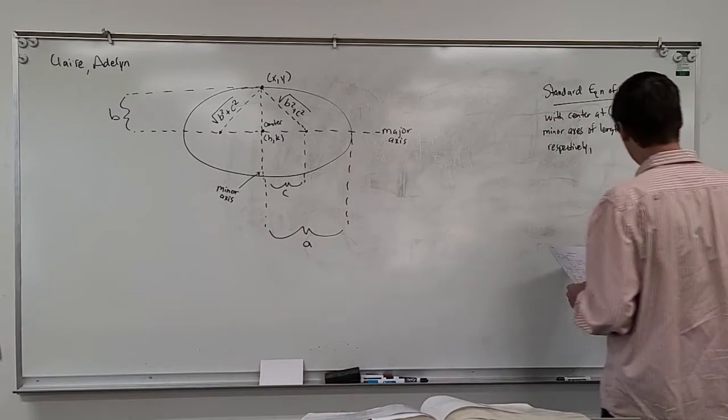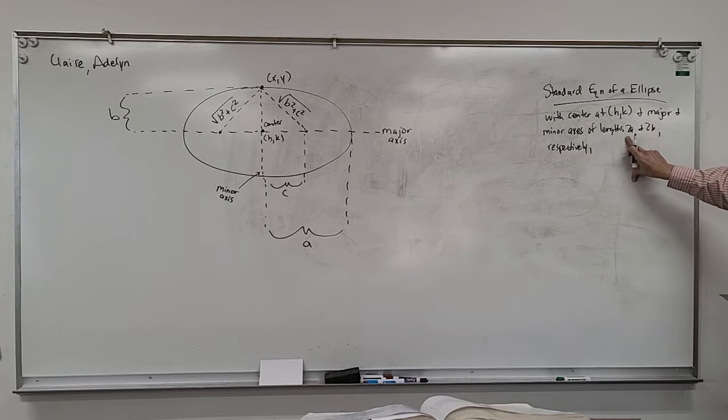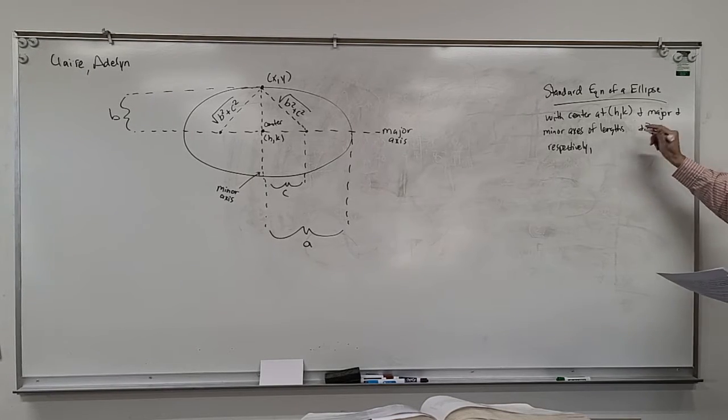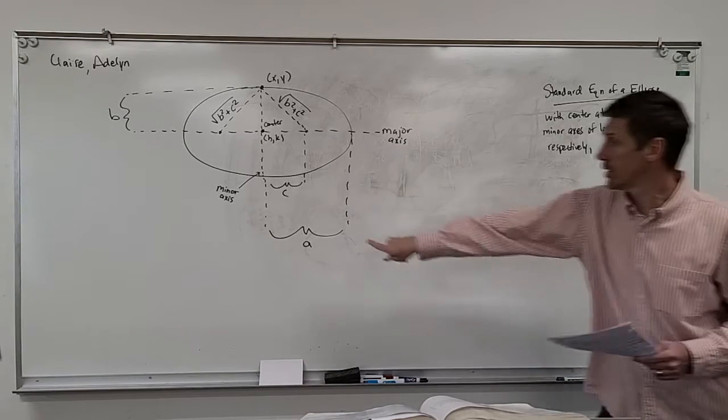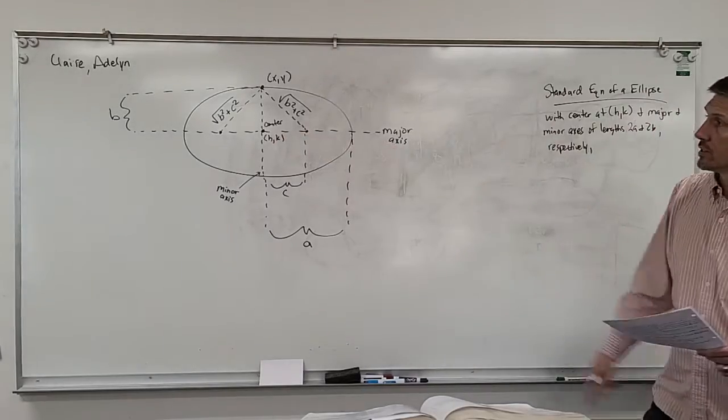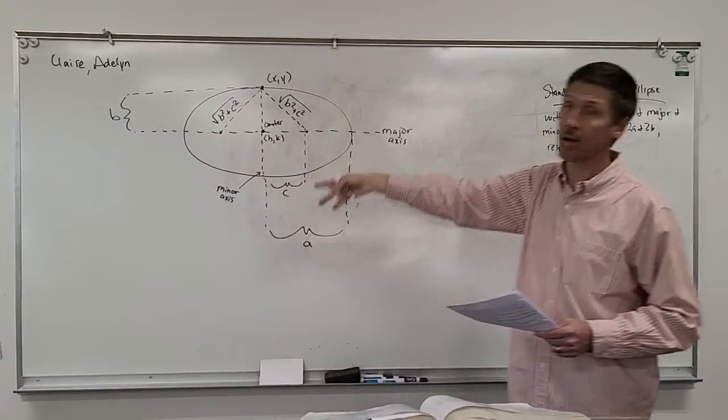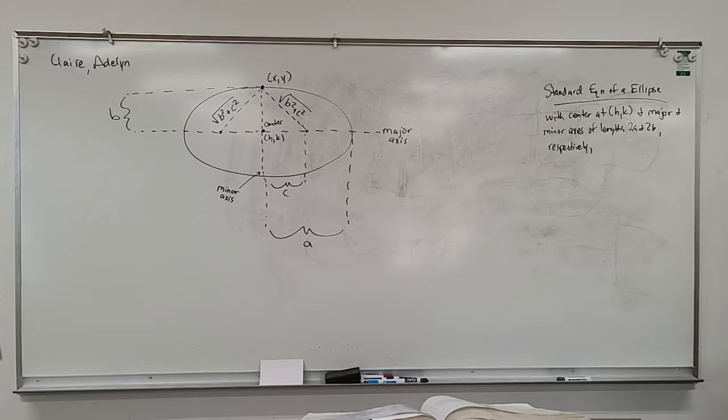So, is it clear from my drawing that the length of the major axis is 2a? Does that make sense to everybody? I labeled this as A, so it would be 2a. And since this distance here is b, then the length of my minor axis would be 2b, right?